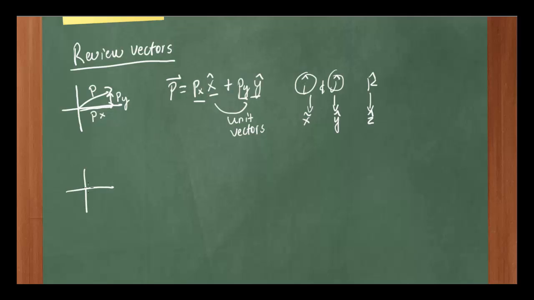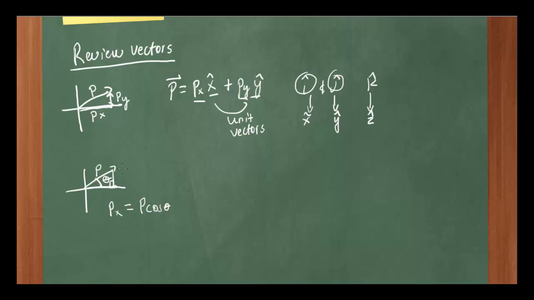So let me redraw the diagram. And if I have this angle theta, this kind of just gives it away. If this vector was the length of p, and if I split this up into components, I make a right triangle. So this p sub x component, the length of it would actually be p cosine theta.